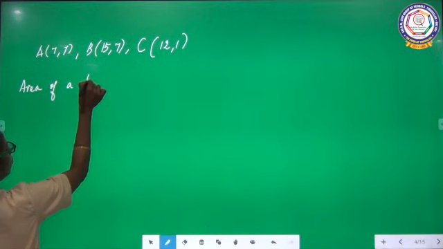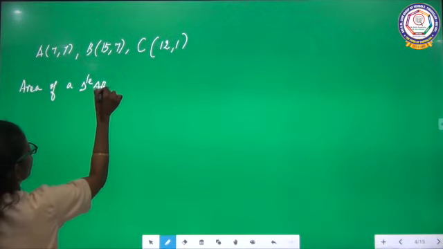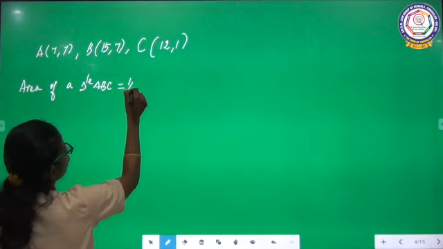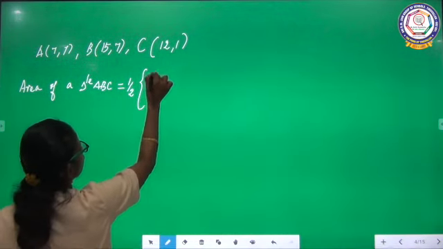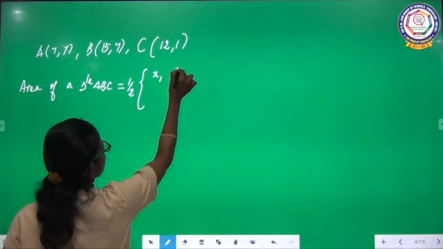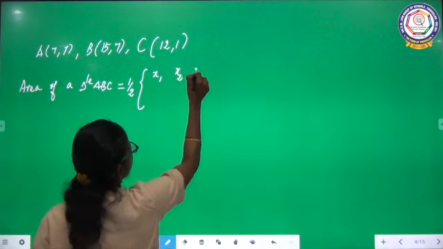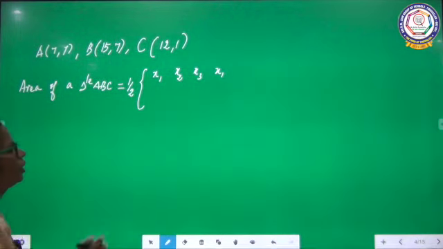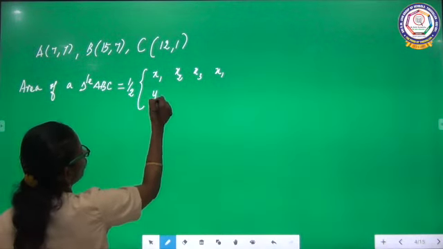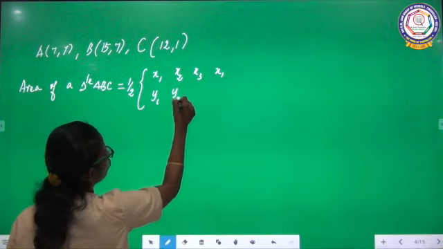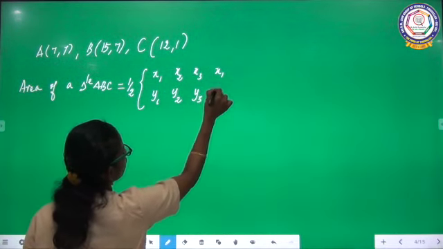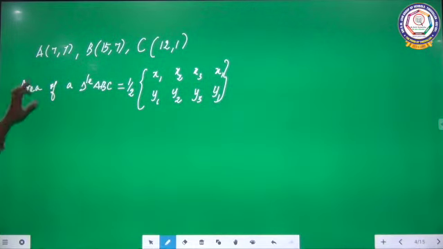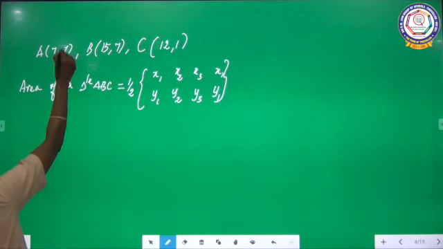You recall the formula? Area of a triangle ABC equal to half into x1, x2, x3, x1. Right? Now, y1, y2, y3, y1.